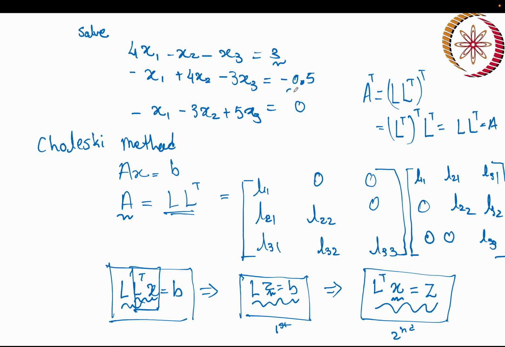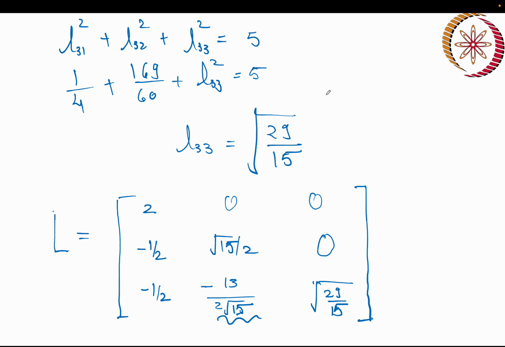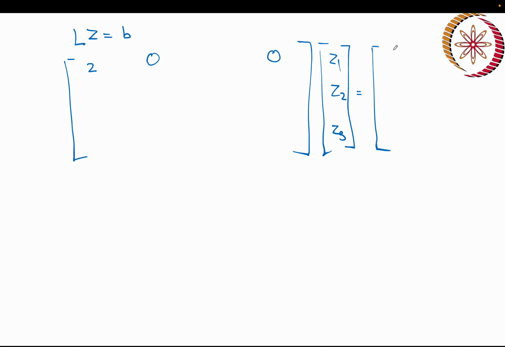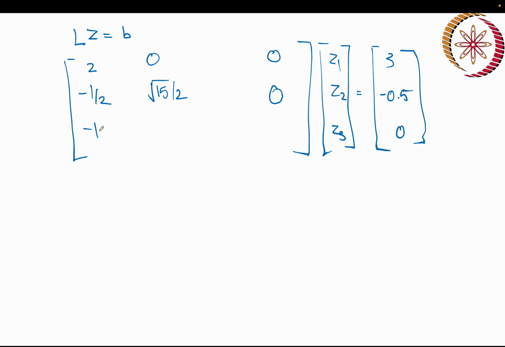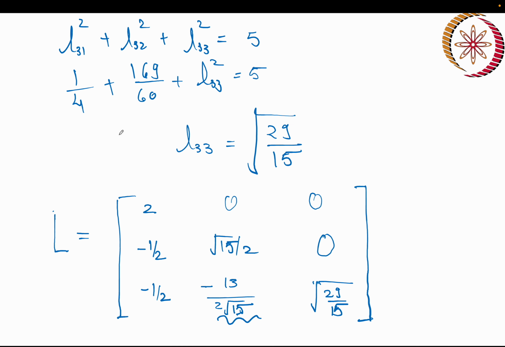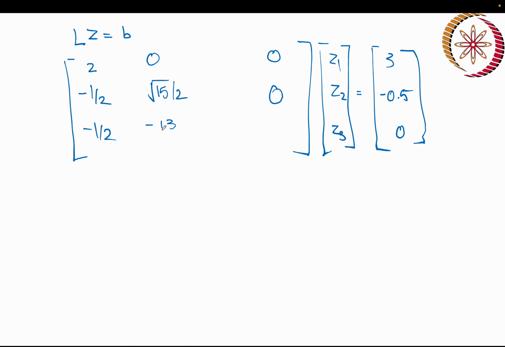B is this: 3, minus 0.5, and the other entries. The L matrix rows are minus half, square root of 15 by 2, 0, and minus 13 by 2 square root of 15, and square root of 29 by 15.